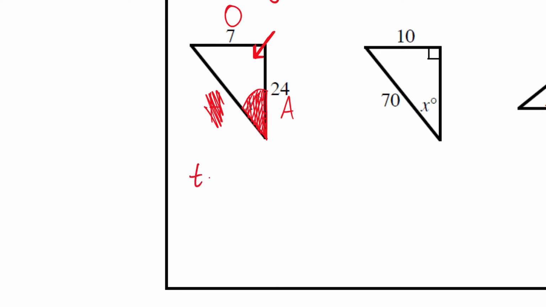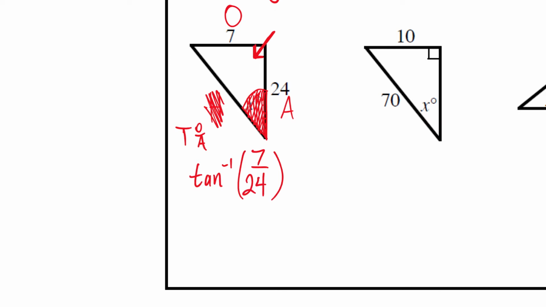Now on this one, I'm looking for the angle, so I'm going to go tan inverse, and we got TOA. So SOH CAH TOA not only tells me what function to use, it also shows me how to set it up. On tangent, I always put opposite over adjacent. So how long is the opposite? 7 over the adjacent is 24.